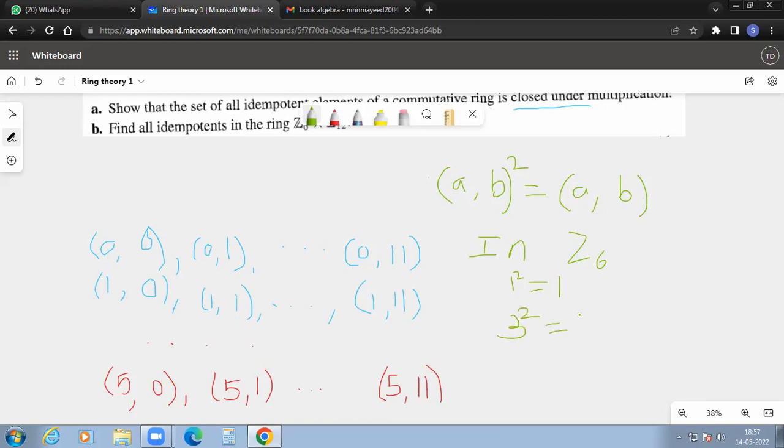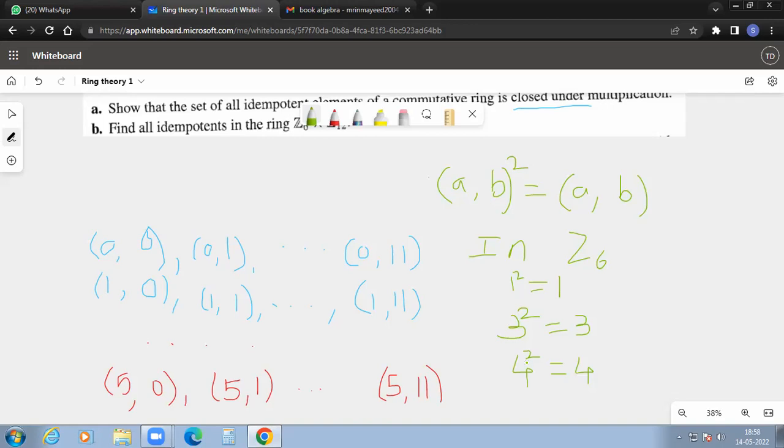So 3 square is 3. 4 square 16 when divided by 6, remainder is 4. So 4 square is 4. 5 square 25 when divided by 6, remainder is 1. So the idempotent elements in Z6 are 1, 3 and 4, as you are observing.